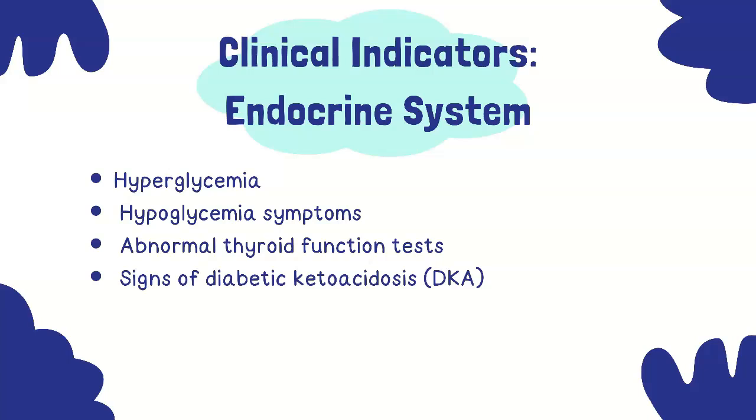All right, we're going on to the endocrine system. So, indicators of endocrine system dysfunction include hyperglycemia, so that's elevated blood glucose level. You see that in poorly controlled diabetes.